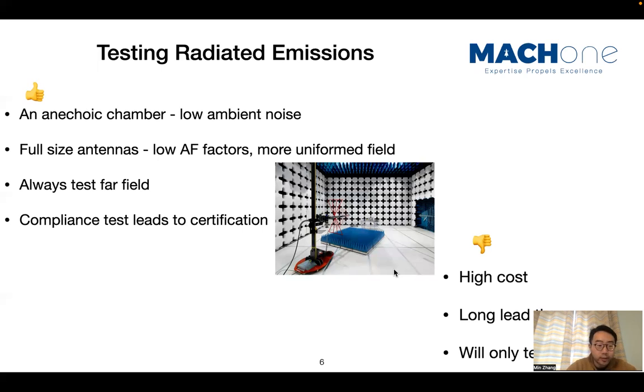So you have a product and you want to pass the EMC standards so as you can sell the products. Of course, that means you have to do lots of EMC tests, which include conducted emission, radiated emission, and lots of other tests. In this session, we'll only talk about radiated emission. So traditionally, for testing a product against radiated emissions, you will need to send your product to an accredited test house, and then they will charge you lots of money. You have to book a long lead time.